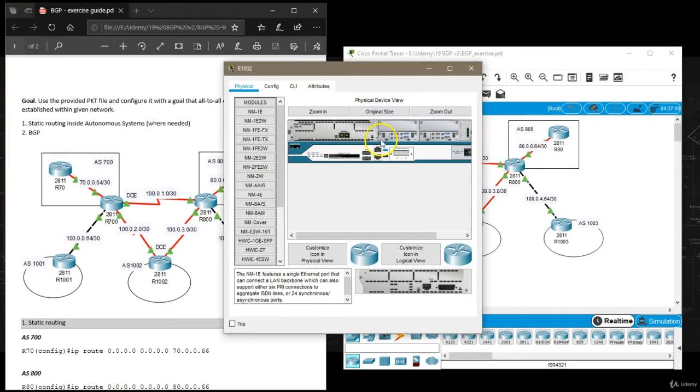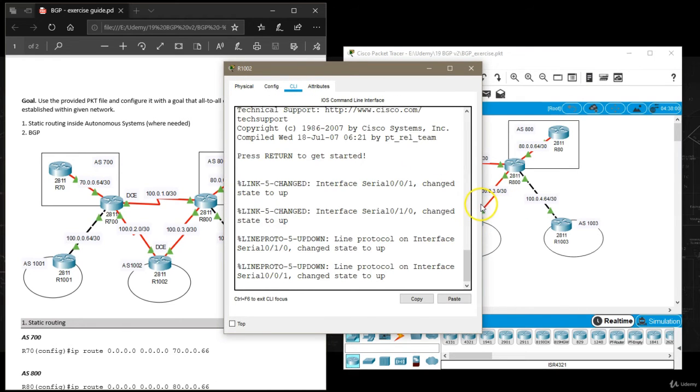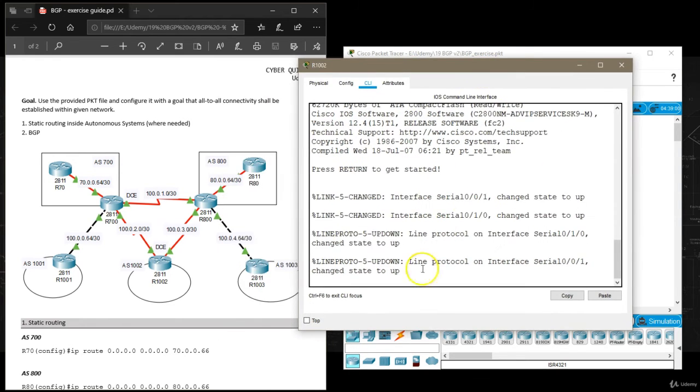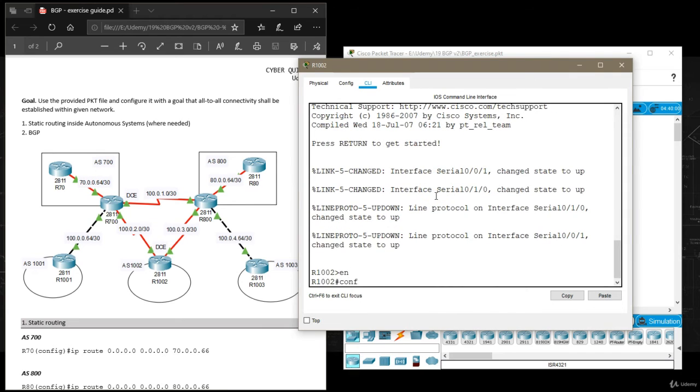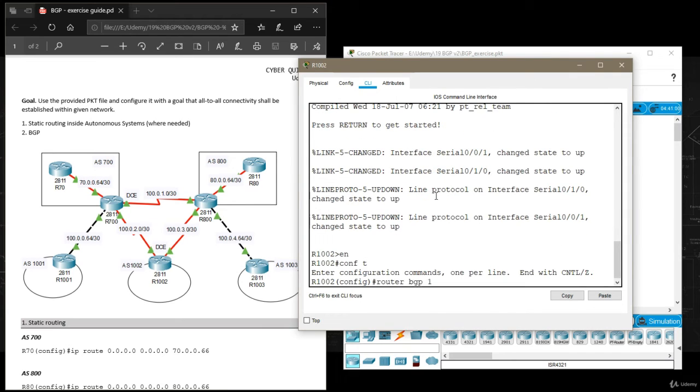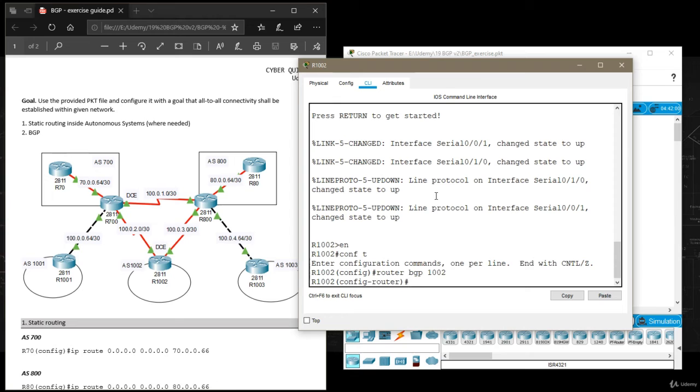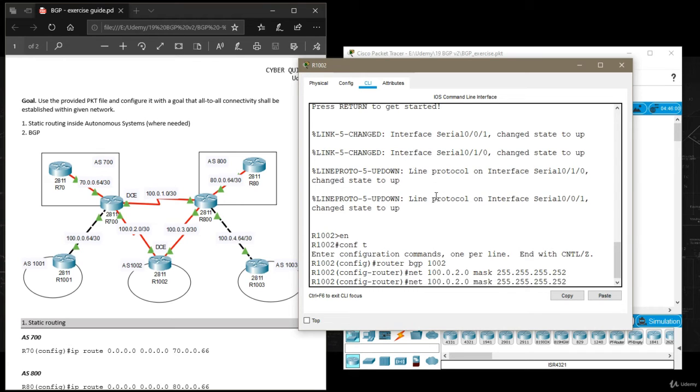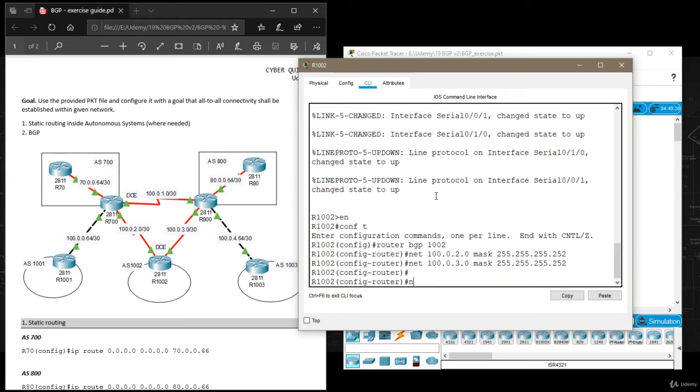On router 1002, we have two external networks and two neighbors. Enable, configure terminal, router bgp 1002, network 100.0.2.0 mask 255.255.255.252, and then a similar network to be advertised, 100.0.3.0.